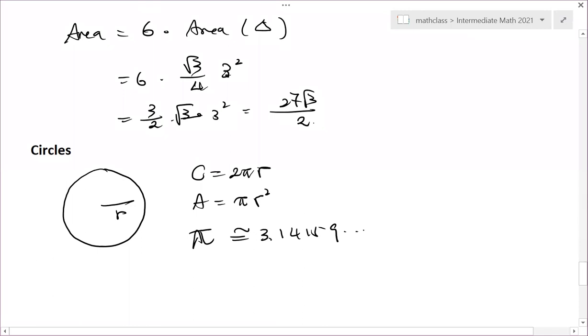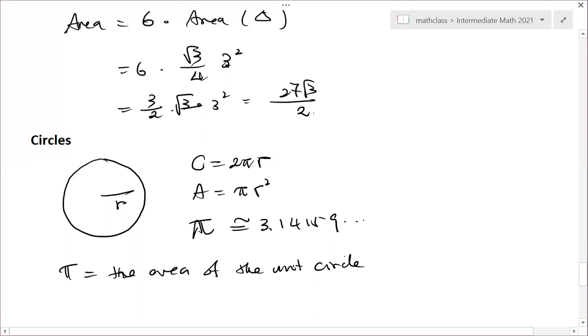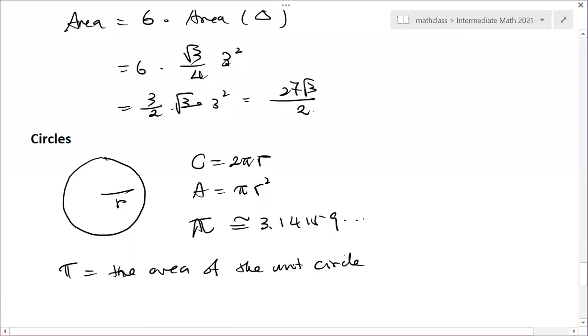What is pi? You cannot say pi is 3.14. Pi is approximately equal to 3.14, but pi is a number. By definition, you can say pi is the area of the unit circle, when the radius equals 1.